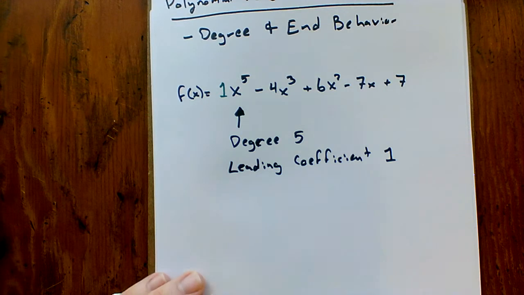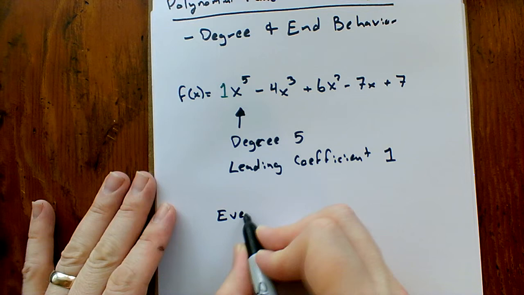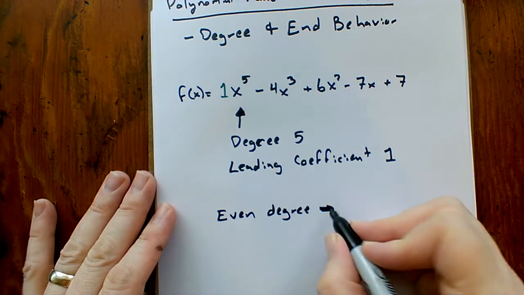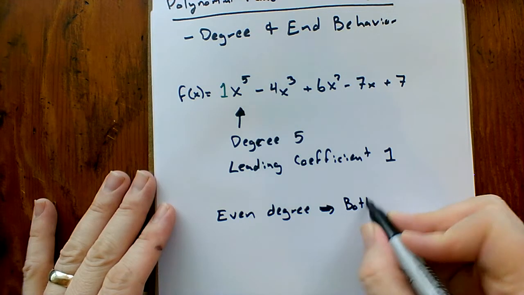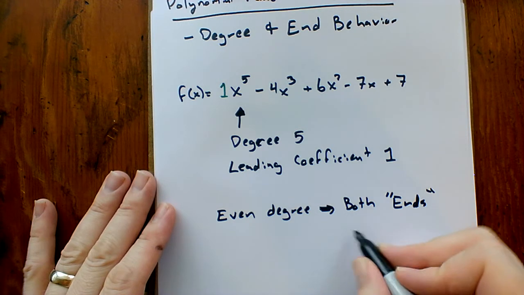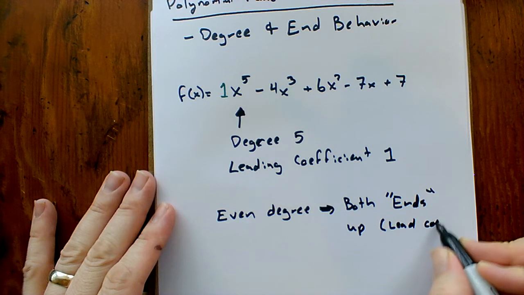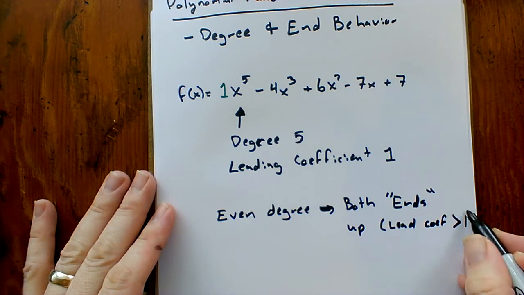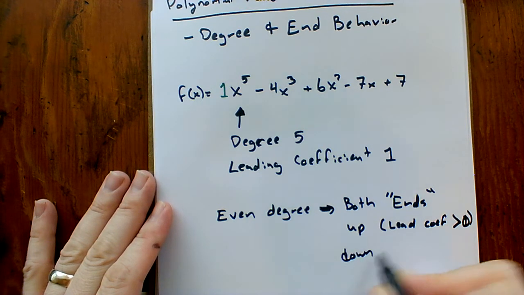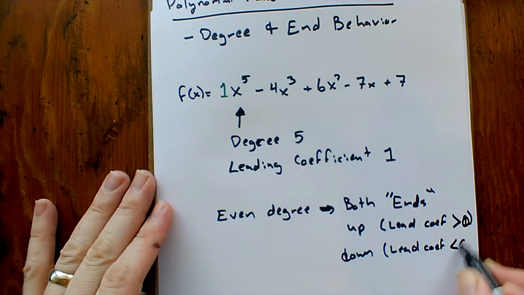And there's a couple things I can say about this right away: if I've got an even degree, then both of the ends are either going to be up if my leading coefficient is positive, or greater than 0, or both ends down if my leading coefficient is negative.